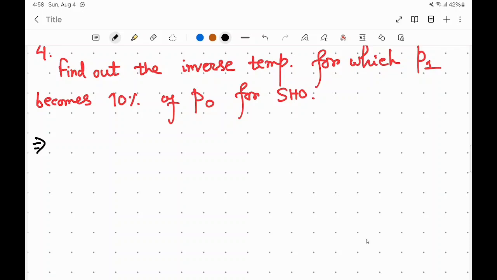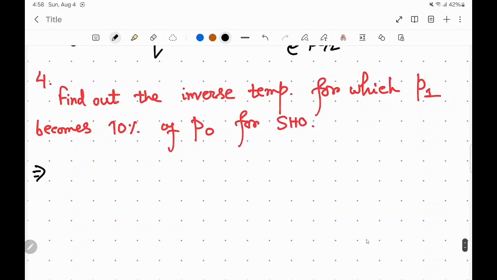Because we are considering 10%, that means the ratio between the populations, so eventually P1 and N1 will be equivalent here. You can consider probability or population, both will be fine. Generally P means the probability. First you have to understand what is meant by inverse temperature.